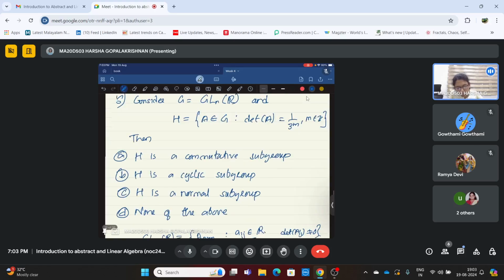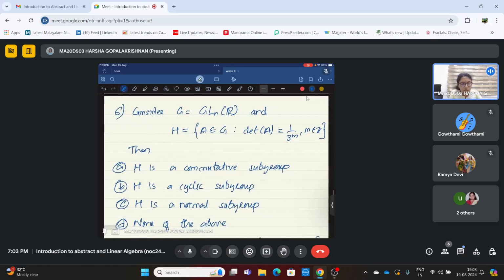Now given G as this group, the set of all invertible n by n matrices over R, H is given as a subgroup of G. Verify that H is a subgroup of G, that you can do later. For the subgroup condition, you know some 2-3 conditions are there, and you need to verify them.